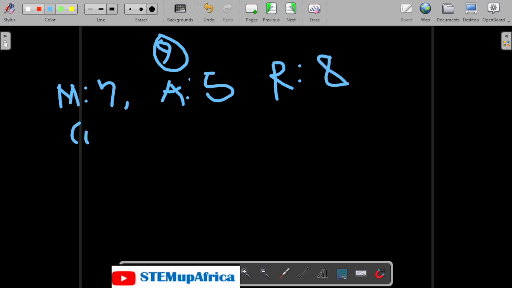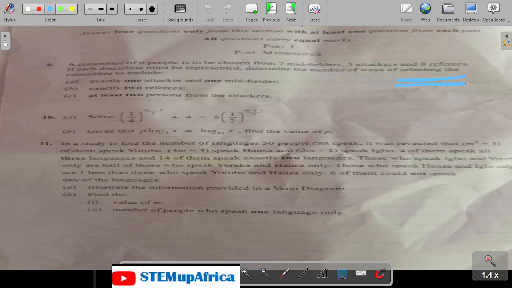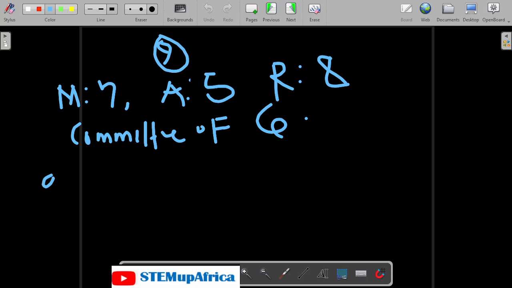Then the committee is of 6 persons. That's the maximum number of people we can take from 7 midfielders, 5 attackers, and 8 referees. So question A: exactly 1 attacker and 1 midfielder.